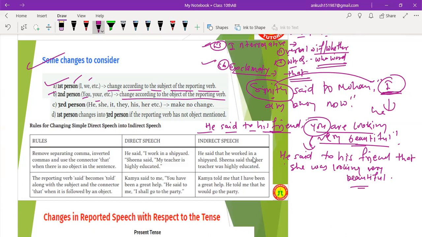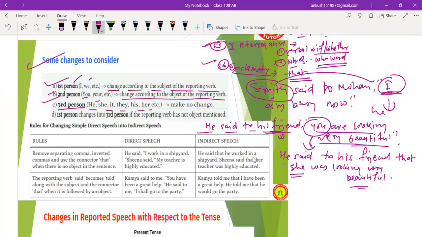Is there any confusion now? Why did I use she here? Because it is understood that someone is beautiful, in the sense that a girl would be there. Friend is a common noun, and friend can be used for a boy as well as a girl. Have you got it? Yes, sir. Third person, if he, she, it, they, his, her are used, then make no changes.